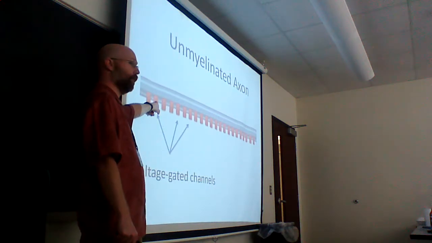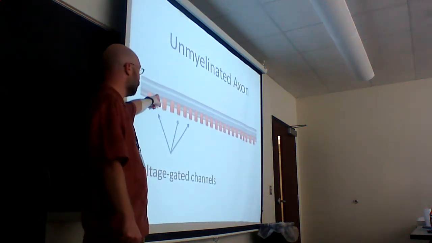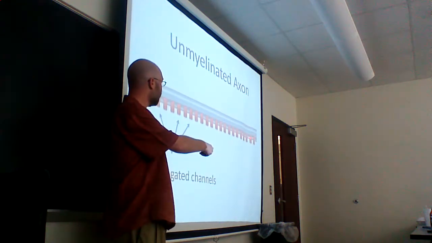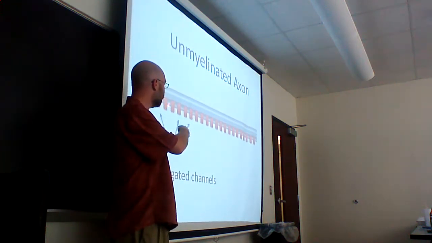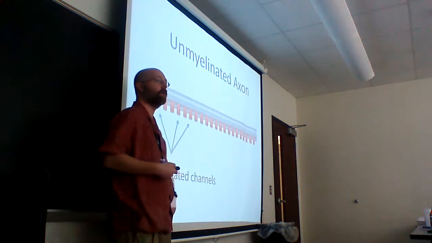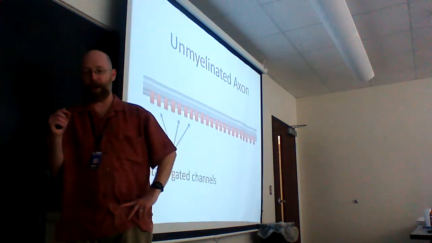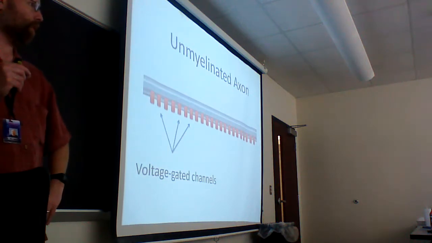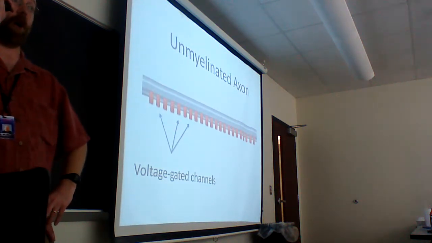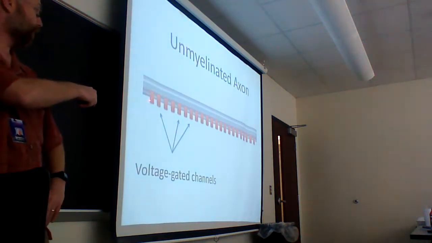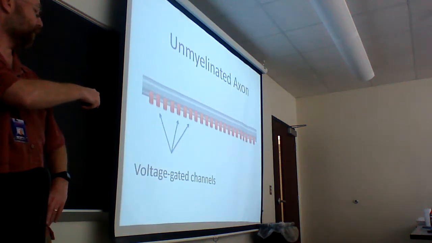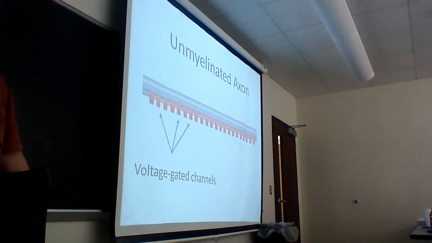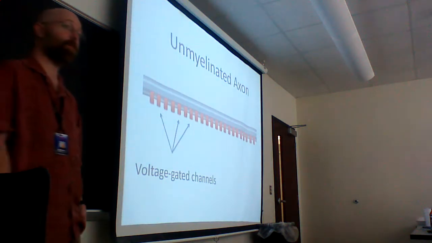And then we've got to wait for this one to let a little bit of sodium in order to open this. Right? And you've got to do it all the way down the line, one after another, until you get to the end. Right? It takes time. Not much time, but it takes a little bit of time to open this one up. And then a little bit more. If your axon's a meter long, right, that adds up.